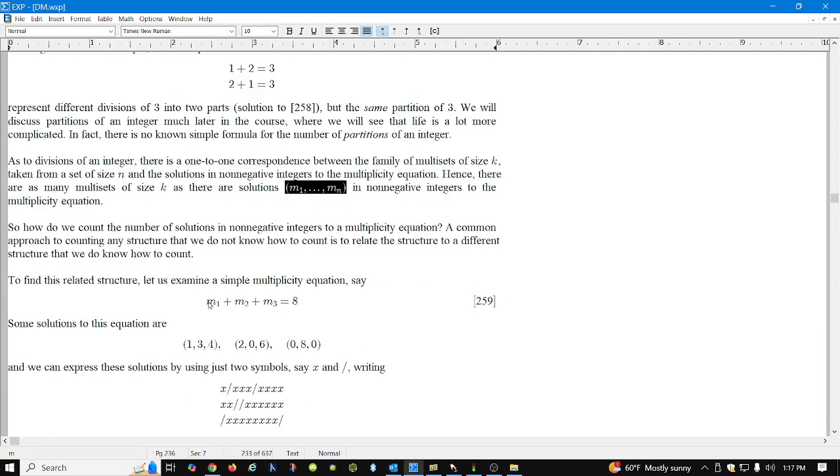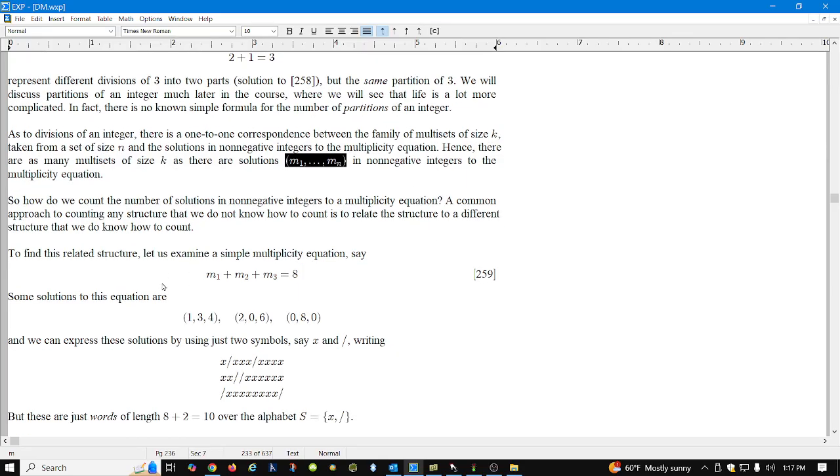How do we count the number of solutions in non-negative integers to the multiplicity equation? Well, a common technique to counting any structure that we might be a little confused about how to start is to try to relate that structure to a different structure that we already know how to count.